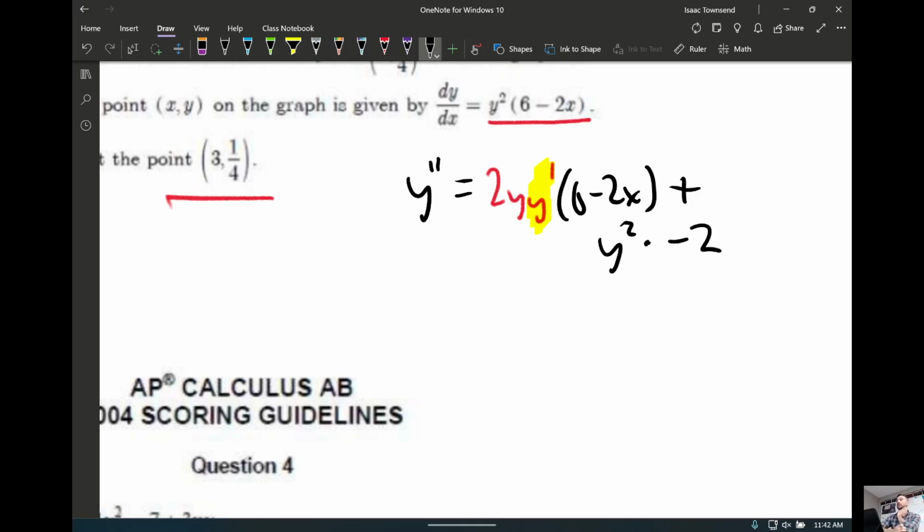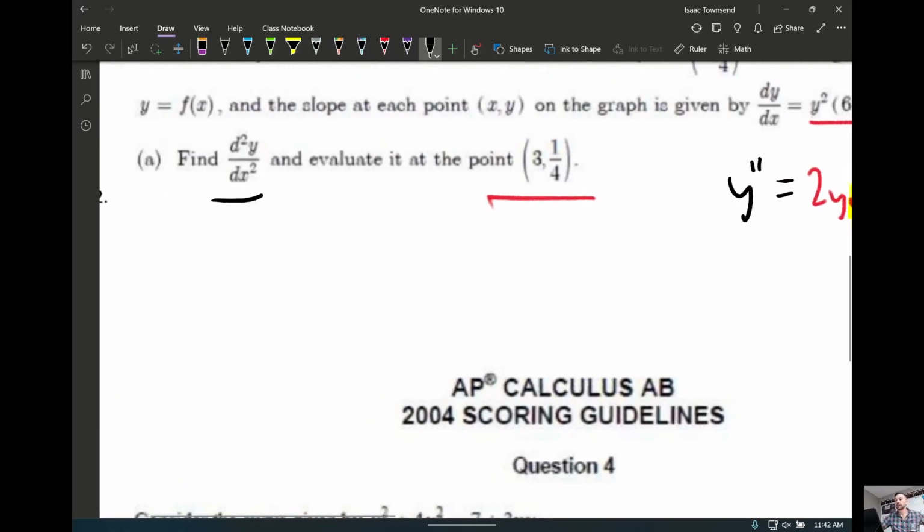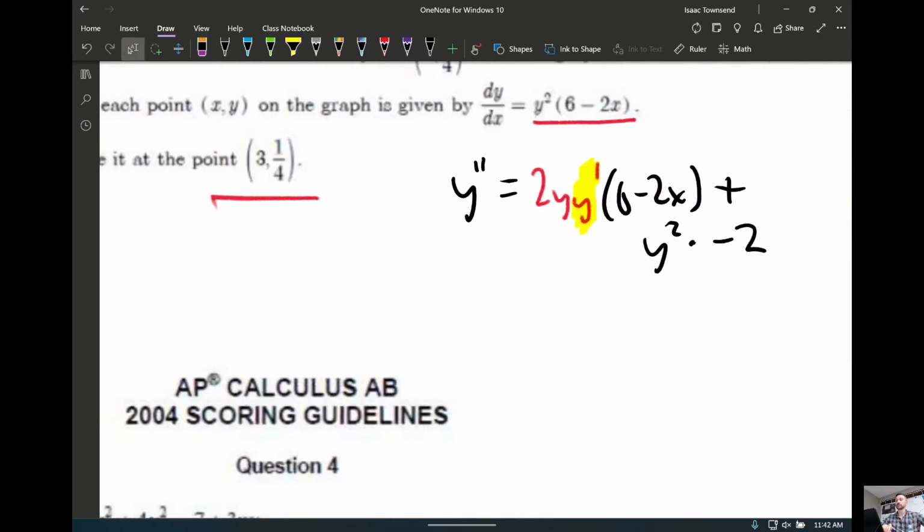Negative 2. Okay, do I need a y prime here? No, because I didn't take the derivative of y that time. I only took the derivative of y once, so there was only one y prime.